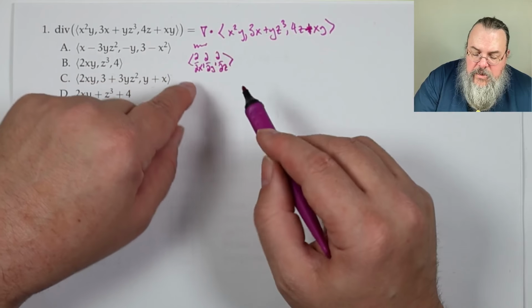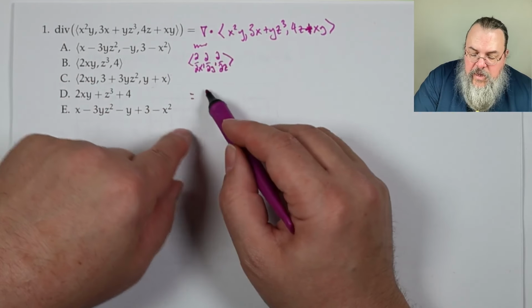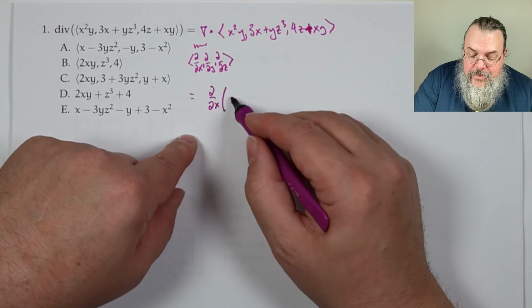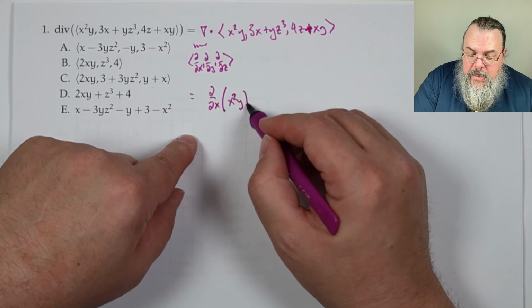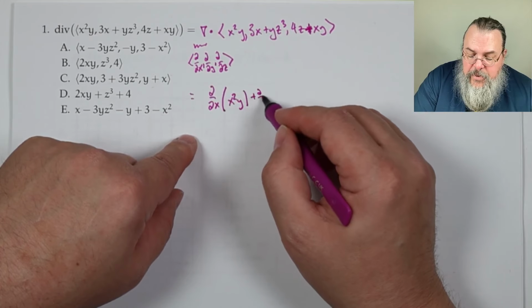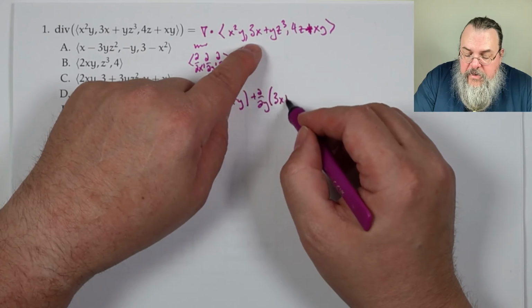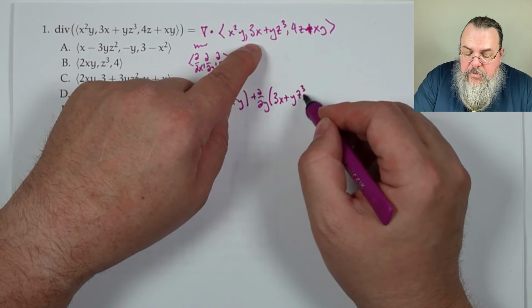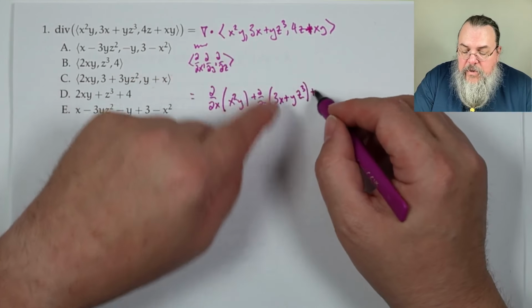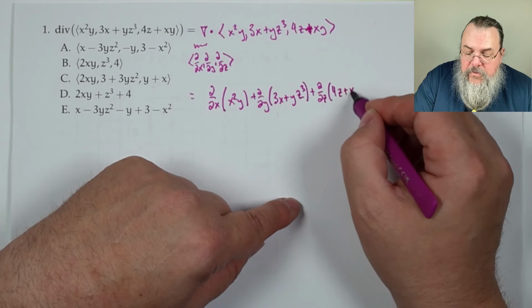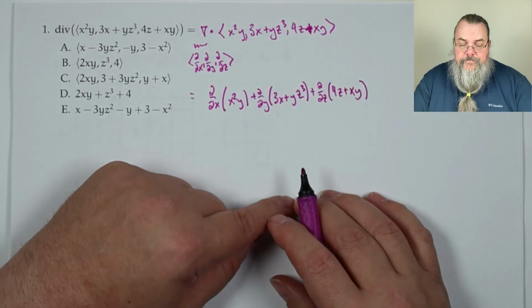So now, that says what? You should have partial x of the first term, x squared y, plus partial y of the second term, 3x plus y z cubed, plus partial z of the third term, 4z plus xy.